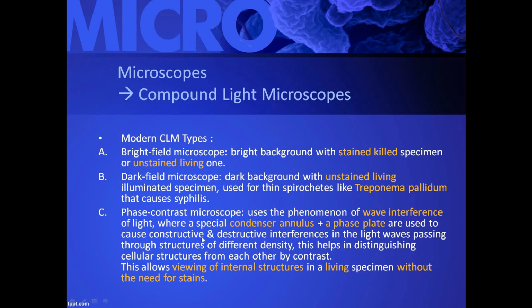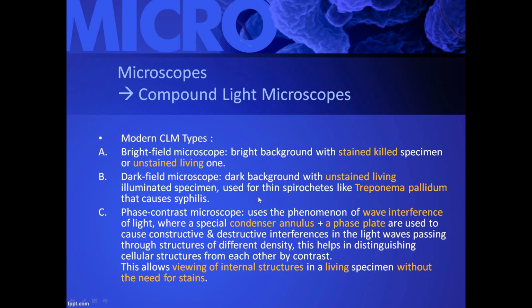The constructive will cause these structures to become more lighted and shinier, while destructive interferences will make them appear darker. This helps us distinguish cellular structures from each other by contrast, according to their differences in density. So this allows the viewing of internal structures in a living specimen without the need for stains.